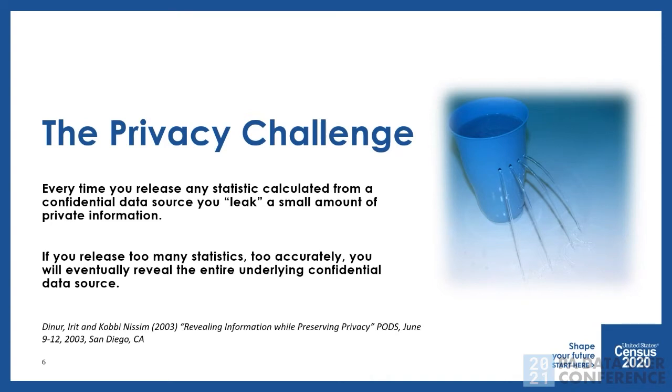Unfortunately, we know that every time you publish any statistic that you calculate from a confidential data source, the publication of that statistic is going to reveal or leak a tiny bit of confidential information in the process. In 2003, it was mathematically demonstrated that if you release too many statistics at too high a degree of accuracy, well, then eventually you're going to reveal the entire underlying confidential data.